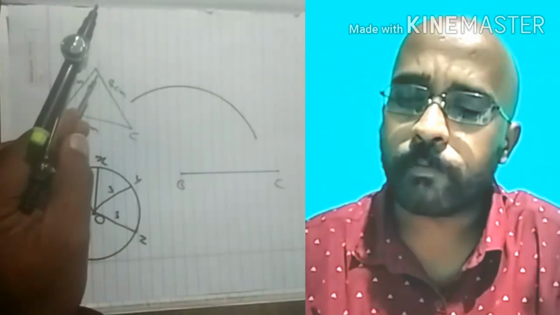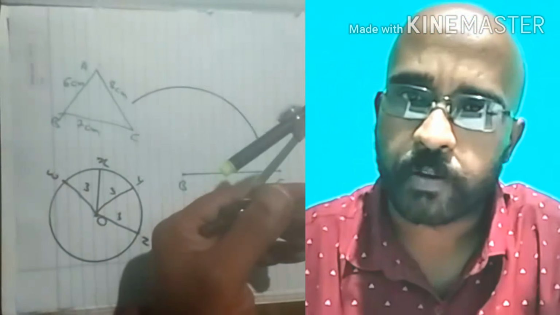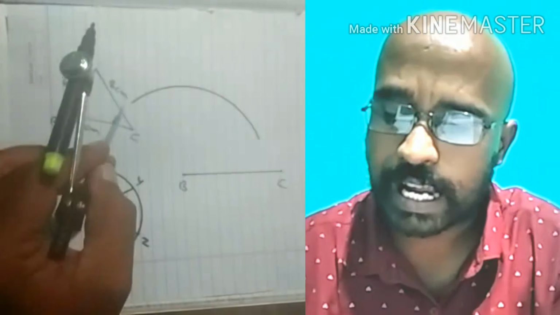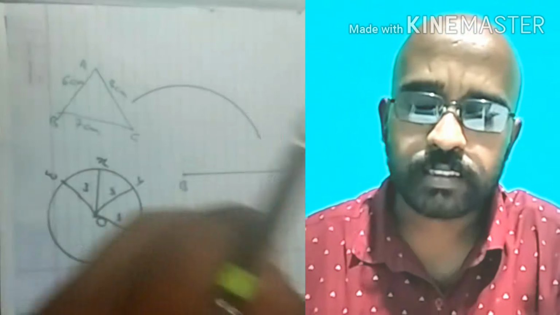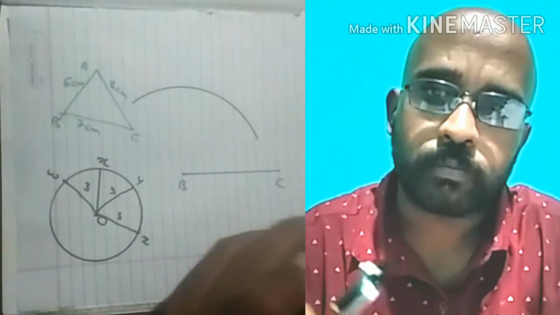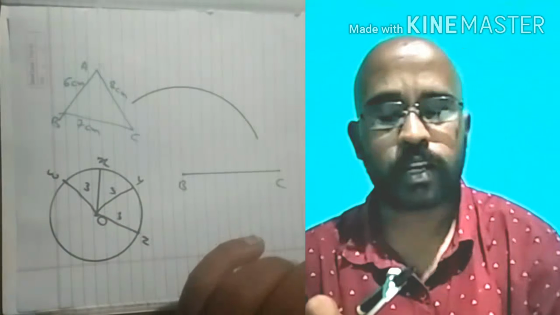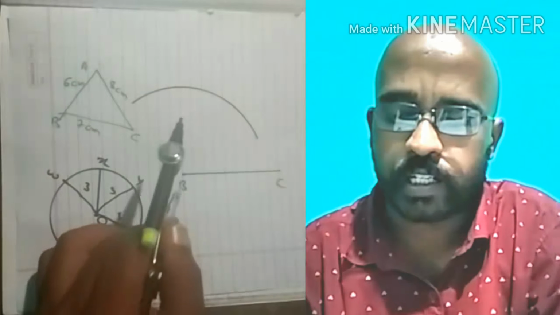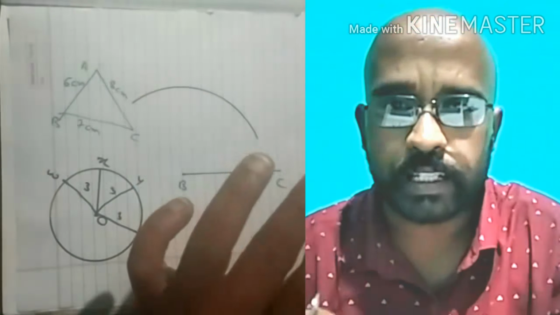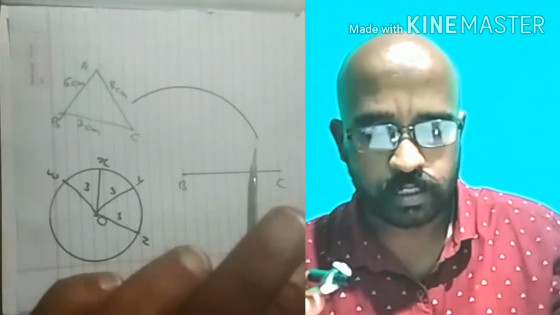Now what other information about A is available in this rough figure? That AC is equal to 8 centimeter. Means A is 8 centimeter away from point C, right? So how will we locate it? We will locate it similarly as we located it from B. Means we have to take a distance of 8 centimeter in the compass.